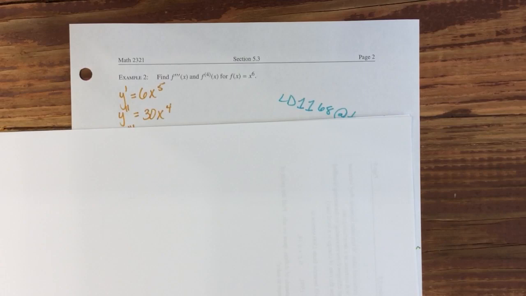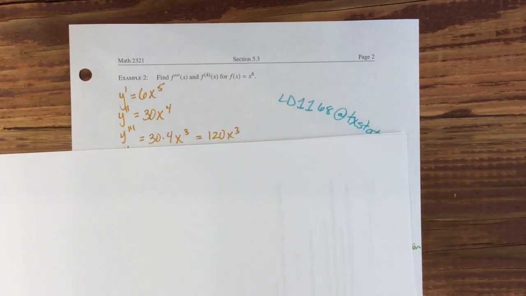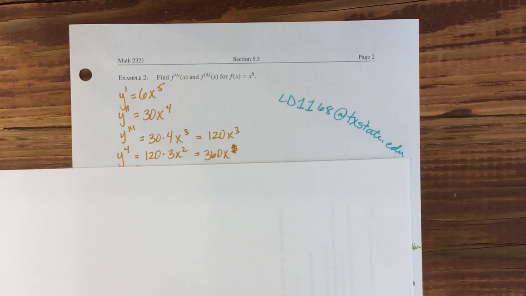So to get the third, what do you think we do? Yep, same thing. Power rule, x to the fourth. So remember the 30 is a coefficient, so it just hangs out. So we've got 30 times 4x cubed equals 120x cubed. Okay, then y to the fourth.